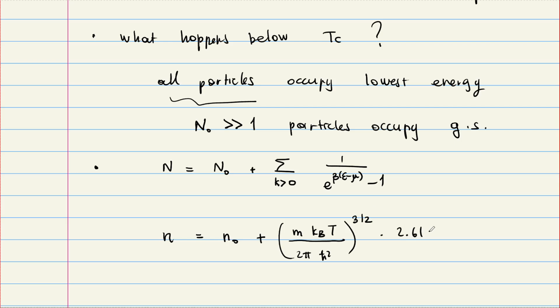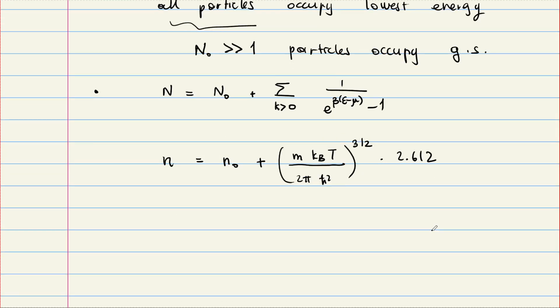So this one is the total density. This one is the density of condensed particles, the condensate. And this one is the density of what is not condensed, which we call normal. Sometimes when we are studying superfluids, we call them superfluid and normal, but here it is condensate and the density of normal particles.